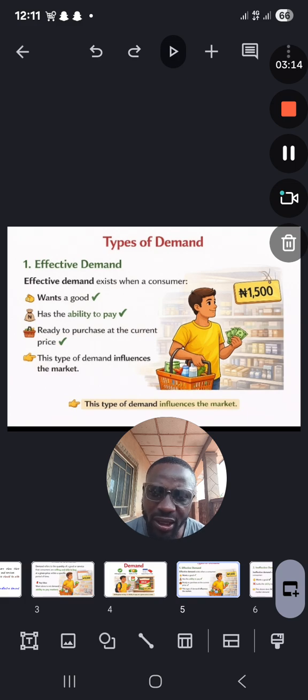Now, the ability to pay for goods and services, the willingness to buy these goods and services, at that given price given by the seller at that particular time. That is when we say demand is effective. Take for instance, I go into a supermarket, I purchase items or provisions, and at that particular time and price that the seller has given, I'm able to pay for that item or commodity.